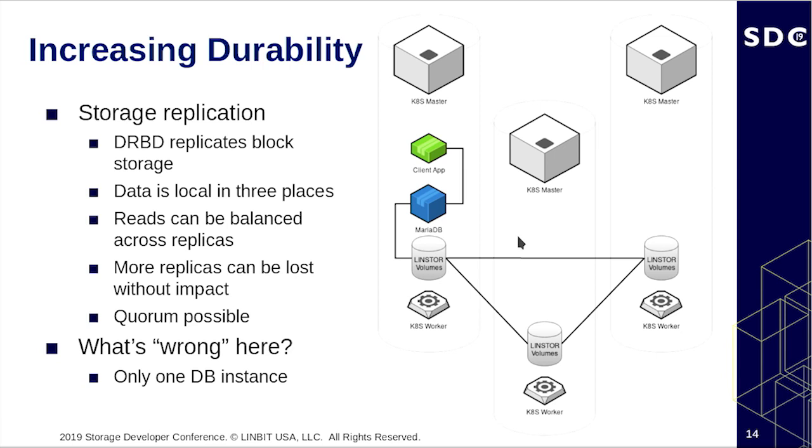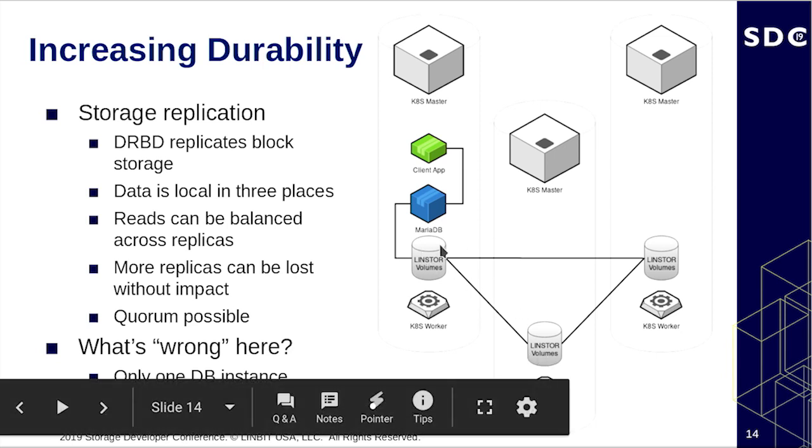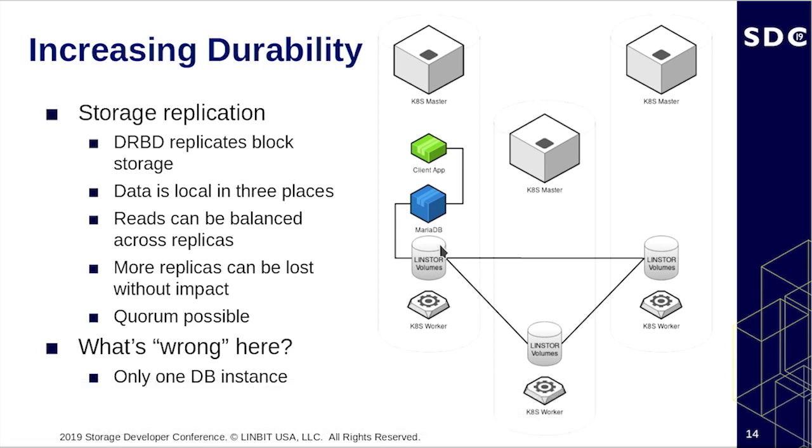Whenever these nodes disconnect, say if this system here were to become completely disconnected from the other two, it would suspend all I/O operations immediately. No new data may be written. These other two nodes could still continue to write data, and it would be okay. They still have quorum.